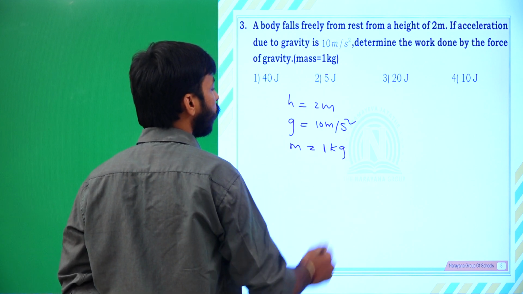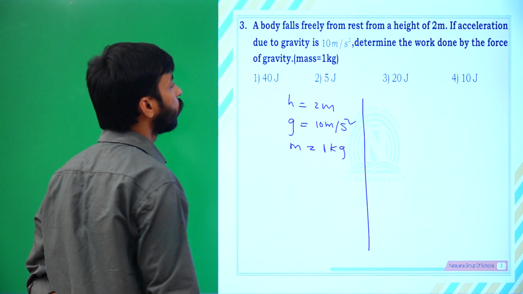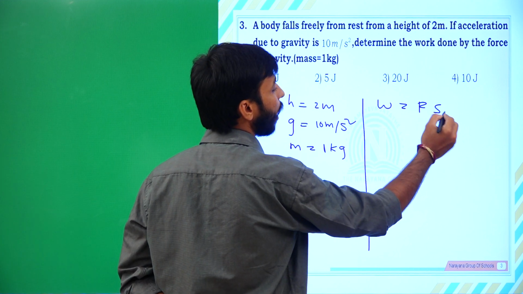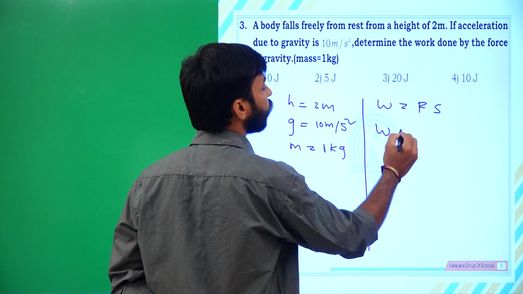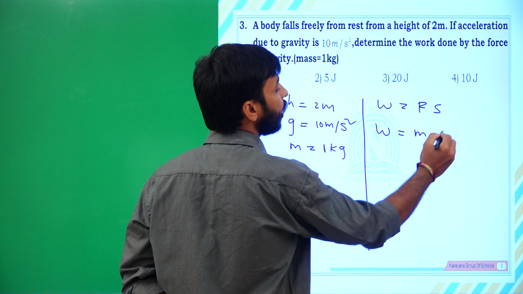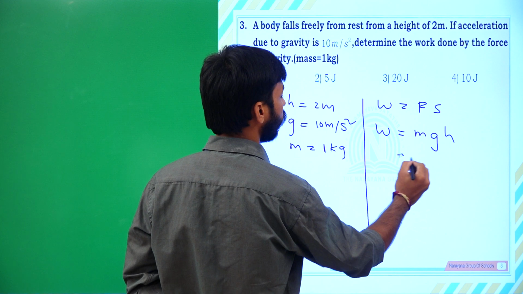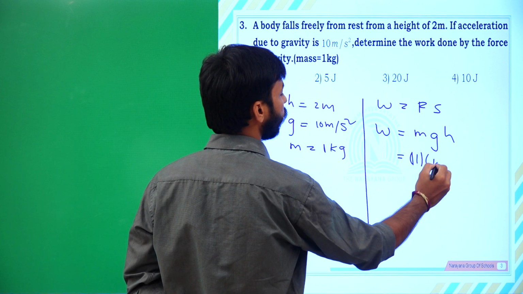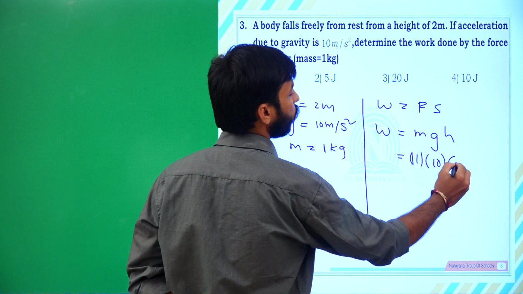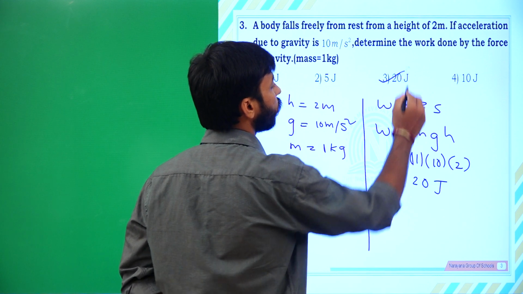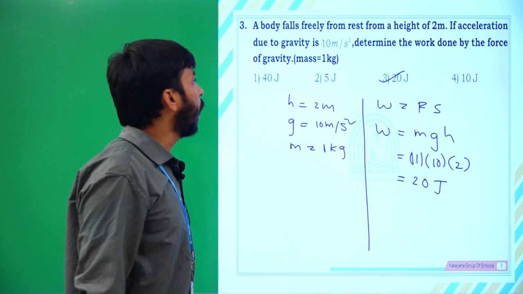So already here theta is equal to 0, so W is equal to F S, maximum. So W is equal to M G H. That is 1 into 10 into H, 2 meters, that is equal to 20 joules. Third option. Okay, and next question.